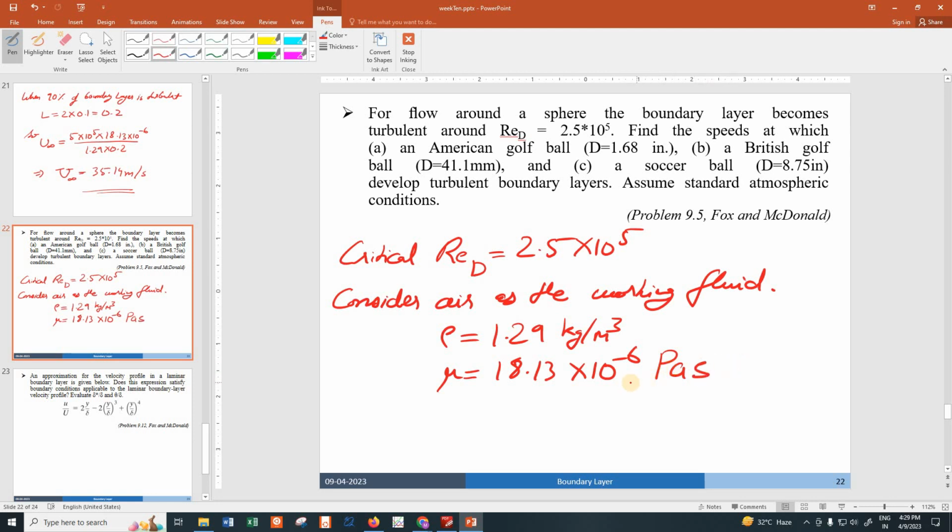Okay. So we have rho, we have mu, we have the Reynolds number. Now the only thing we need is the velocity, and the diameters.